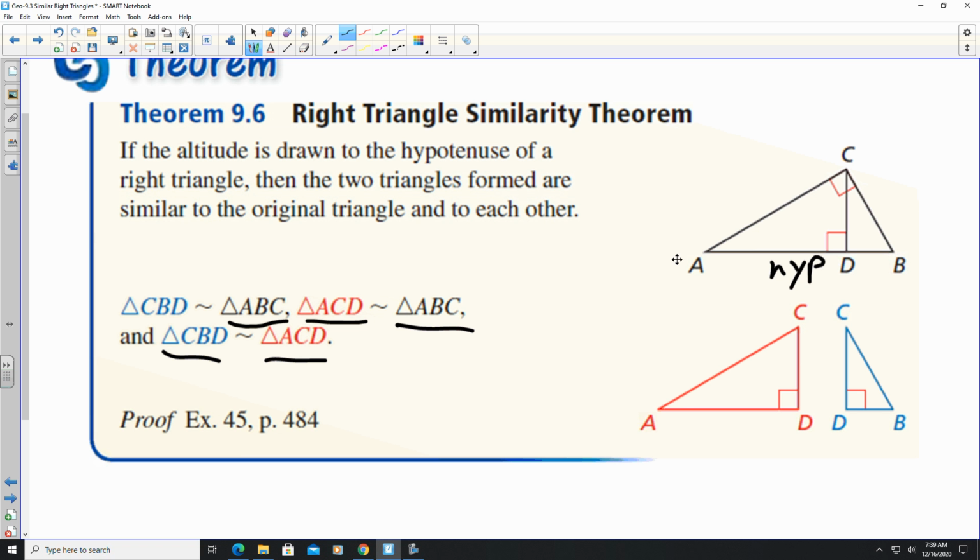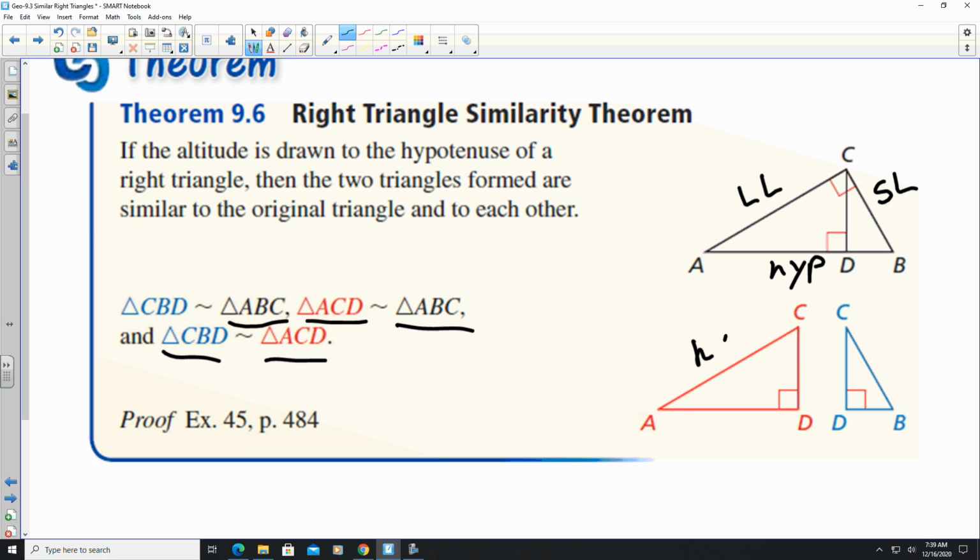We got that. But we have our two legs, and I like to call them by a specific name. AC is longer than CB, so I'm going to call this one the long leg, and this one the short leg for this triangle. Now, I am going to look at the medium triangle, the red triangle here on the bottom.